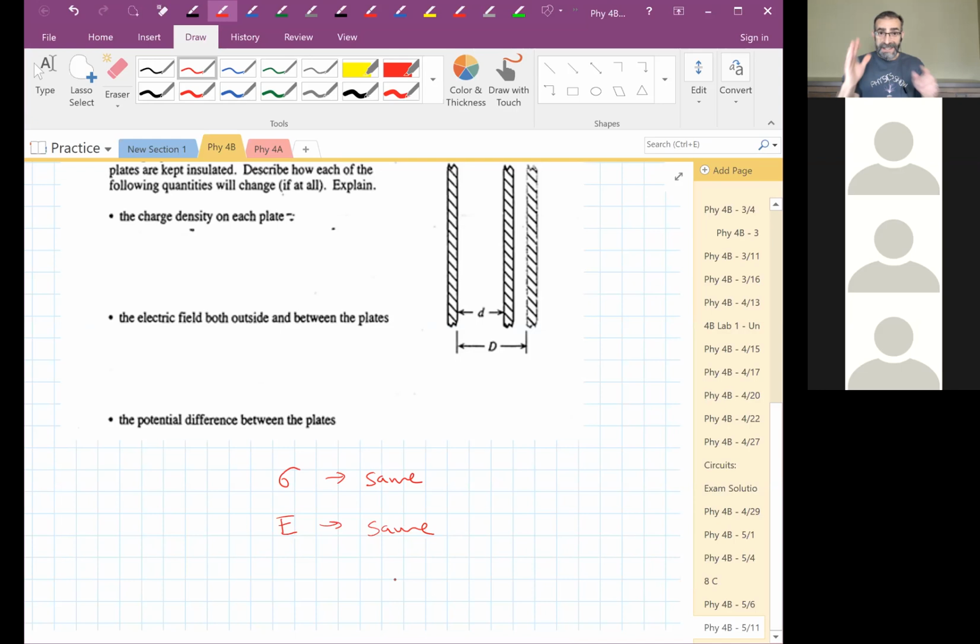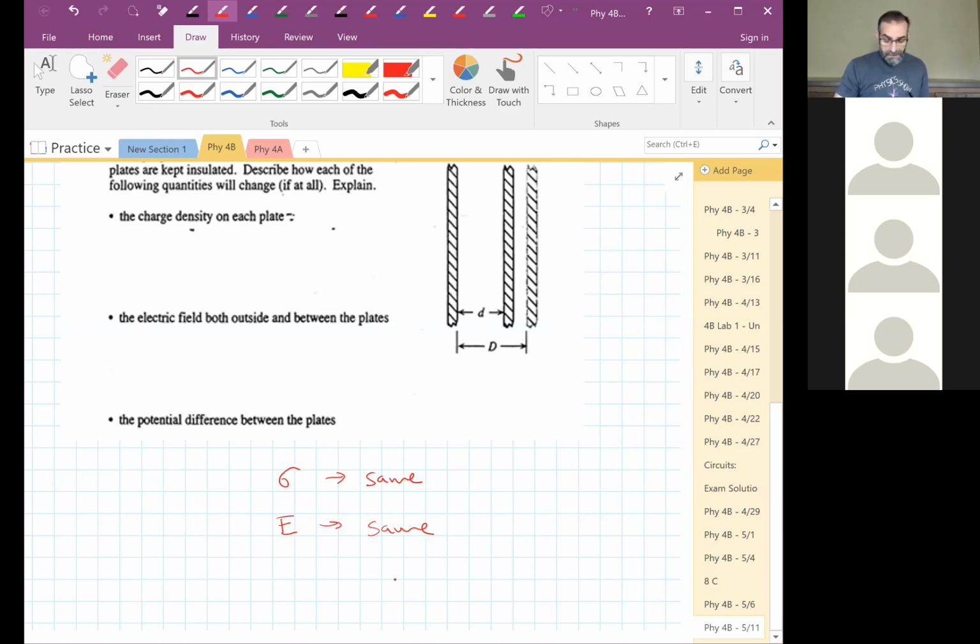Yes. Does the electric field change as you move away from an infinite sheet? No, it's uniform. It's the same everywhere. So what difference does it make if the sheets are here or here or here? If the field is the same everywhere, it doesn't matter how far apart they are. So it makes sense.